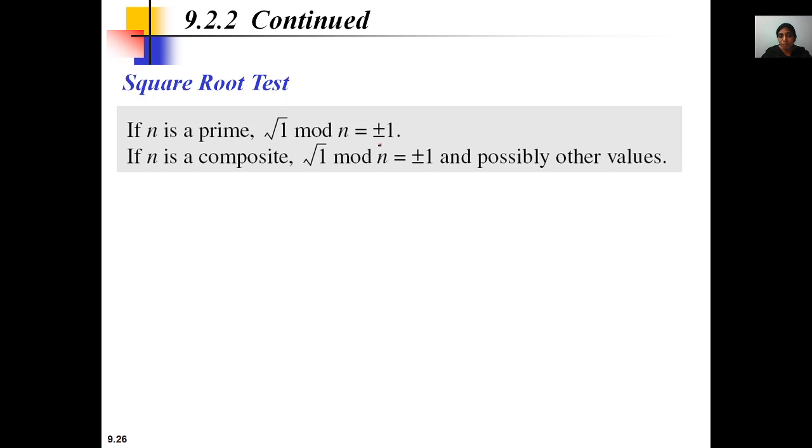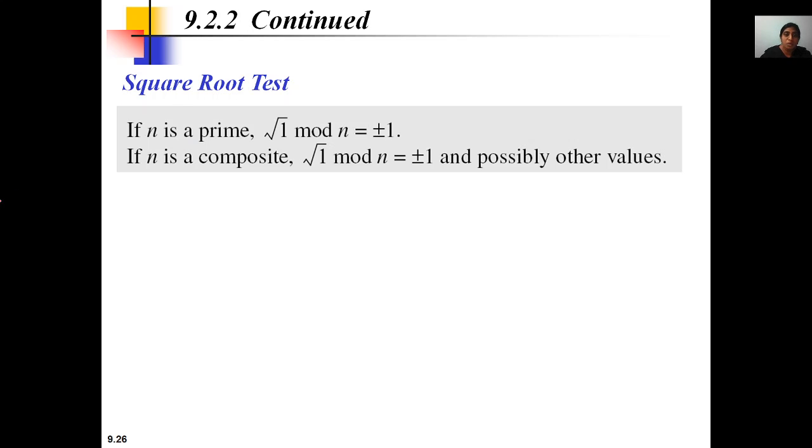If you get plus or minus 1, then we can say it is a prime number, and these roots should be limited to only 2. If there are more than 2 values, then we say it is a composite value.